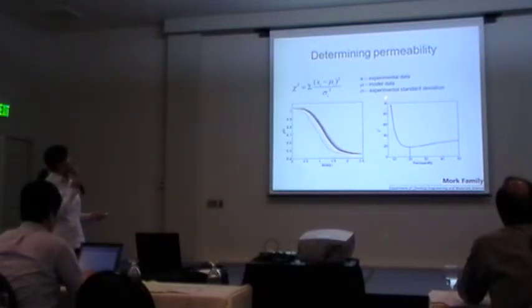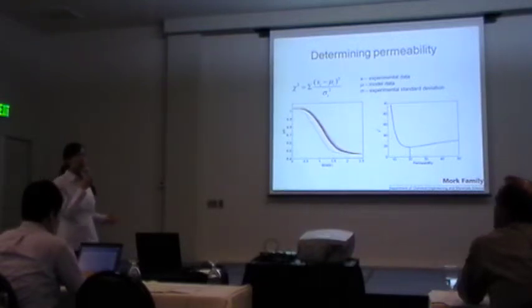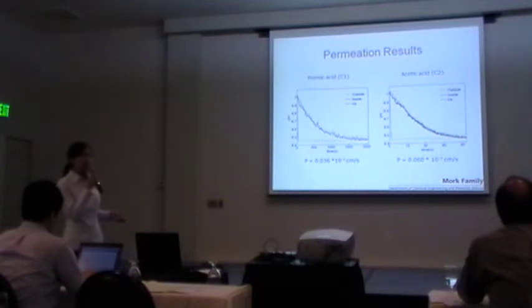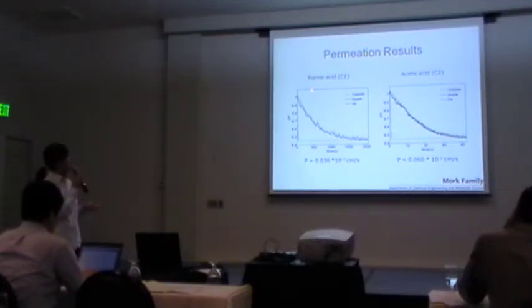As shown in this figure, the minimum chi-square value represents the best fit of the model result to the experimental results, and then we can obtain the permeability for this carboxylic acid. And this is the model fitting result.